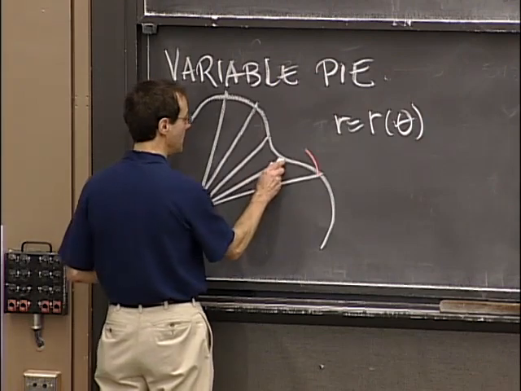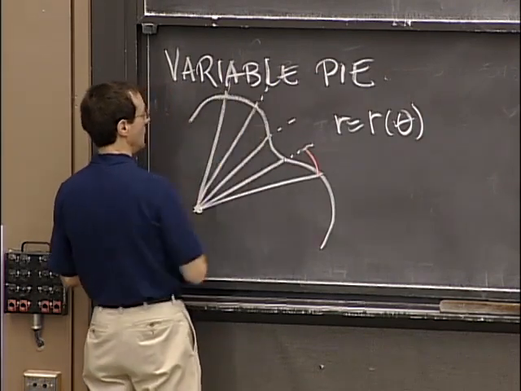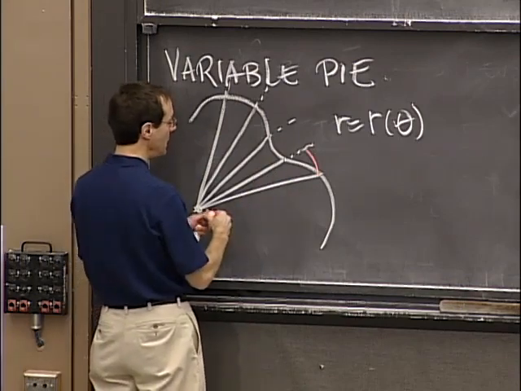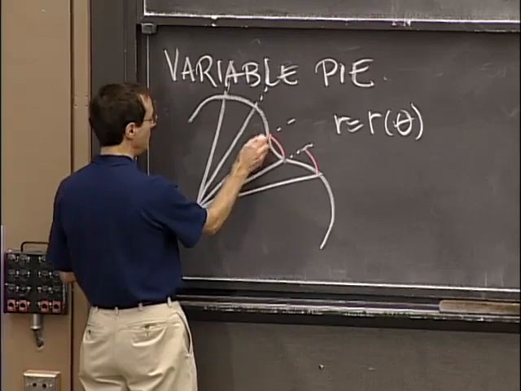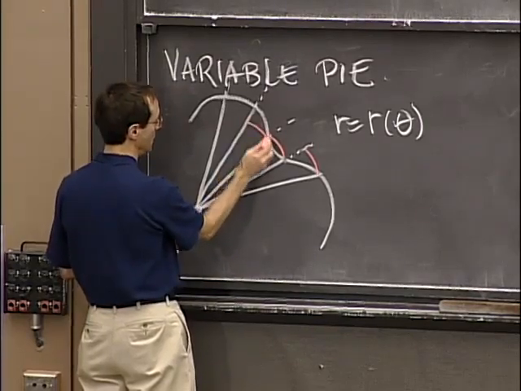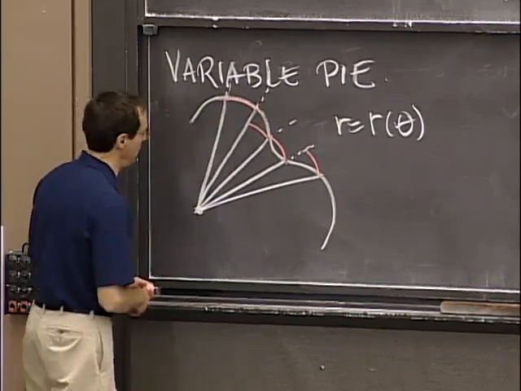So I'm going to extend past where this goes, and then I'm going to take each circular arc here. So here's a circular arc, and then here's another circular arc, and here's another circular arc. It's just right on the nose in that case.